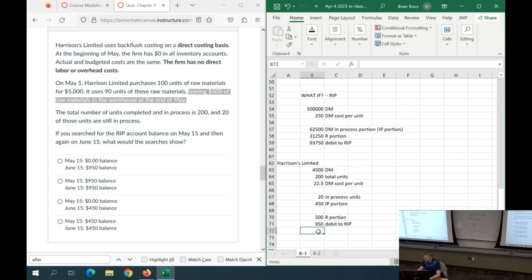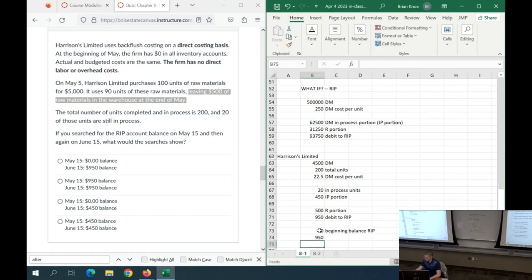So it better be that first one, unless I also had another brain fart while making this question. And just for completeness, make sure we incorporate there was no beginning balance in RIP. 0. This is the June 15 RIP balance.